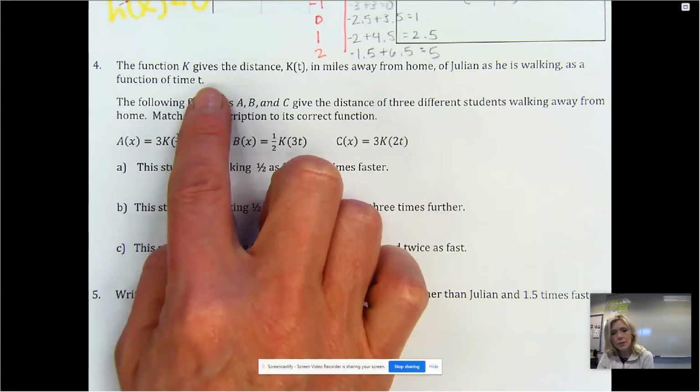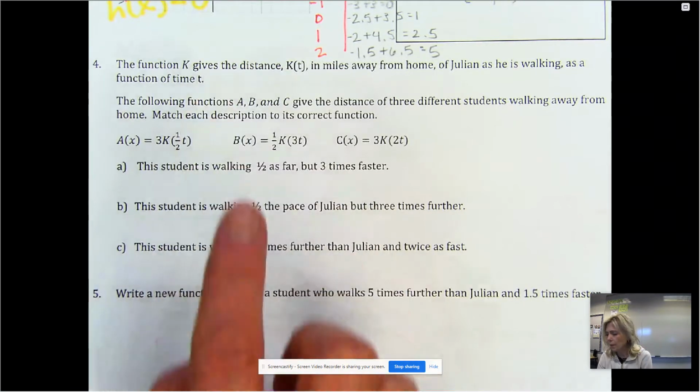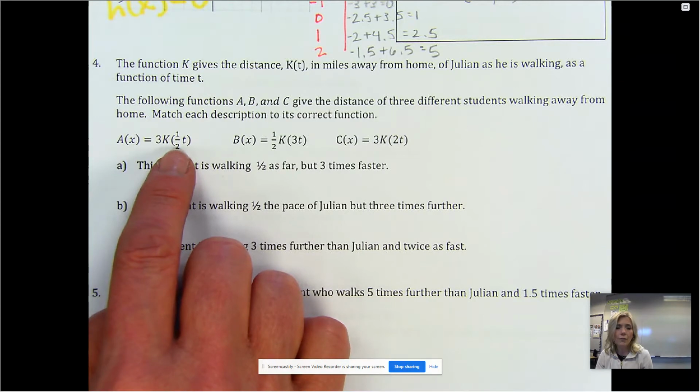Since k of t is the output, it's the distance in miles, and t is the input, it's the time. When I have a 3 outside here, that means that the distance is being multiplied by 3. So this means somebody going 3 times as far as Julian went, but only half the speed, or half as fast.